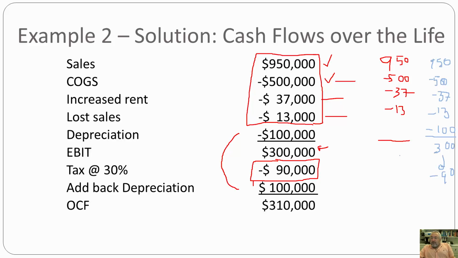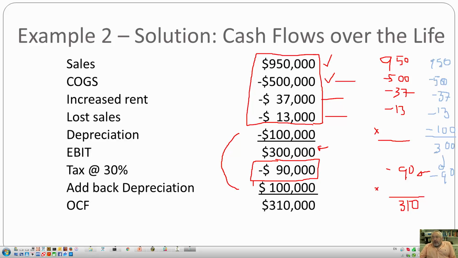So once you've done that calculation on the side, you can bring that 90 across as another cash flow. And since you didn't take off the depreciation here, you don't need to add it back again here. So you're still going to get the same operating cash flow of 310. Okay, so we've got the cash flows during the life of the project.